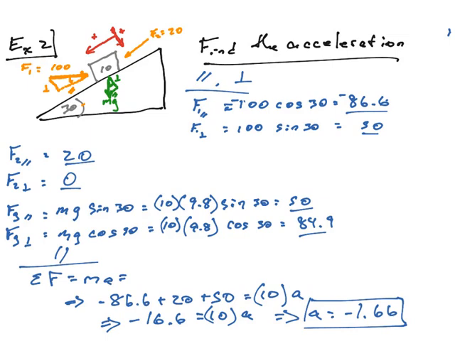So what's the negative direction? Well, look at my choice in red. I chose down the plane to be positive, so the negative direction must be up the plane. So the fact that I got an acceleration of negative 1.66, all that means is it's 1.66 up the plane.